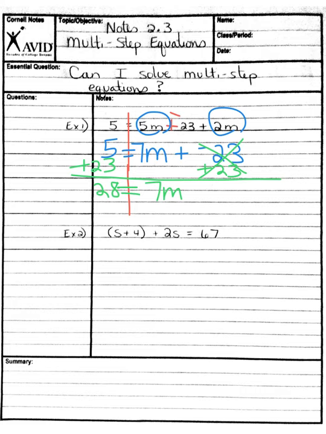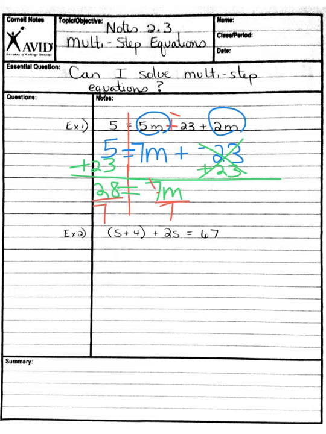Now we want to get the m by itself. And remember, 7 next to m means 7 times m, and the inverse operation of multiplication is division. What do we want to divide both sides by? We want m by itself, so we want to divide by the 7.